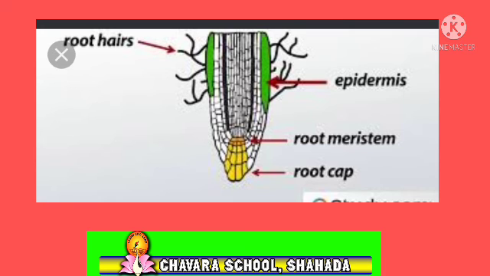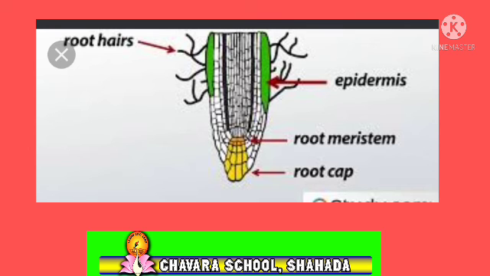What is the meaning of semi-permeable? It means the cell membrane allows only the water molecules to pass through it but prevents the entry of any larger molecules. And this feature of the cell membrane facilitates the movement of water molecules from the soil into the root hairs.